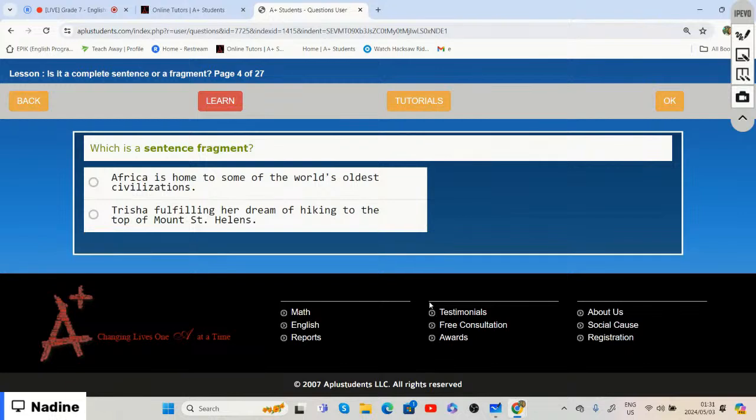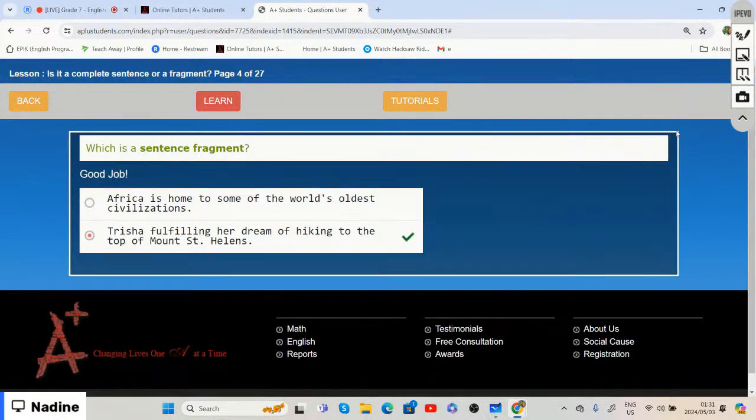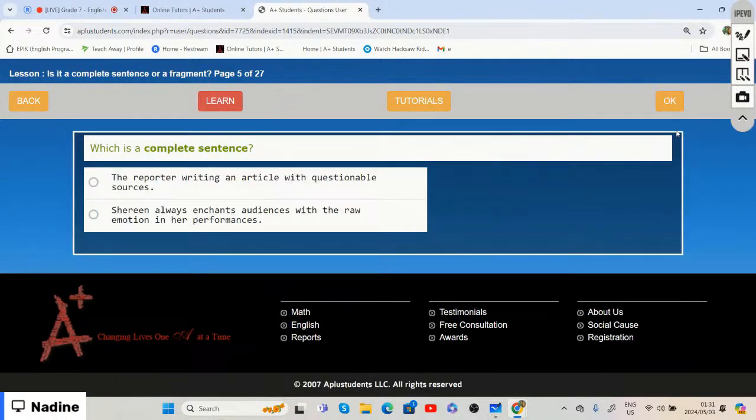If we were to select the sentence fragment, we have Trisha fulfilling her dream of hiking to the top of Mount St. Helens, right? That is missing something, and it's not a complete sentence, it's not a complete thought.